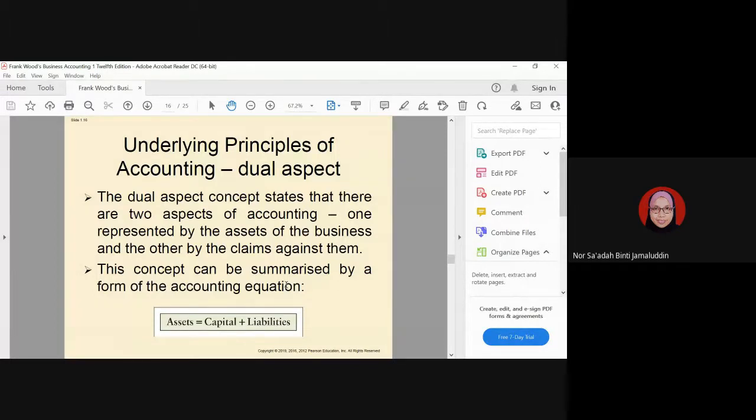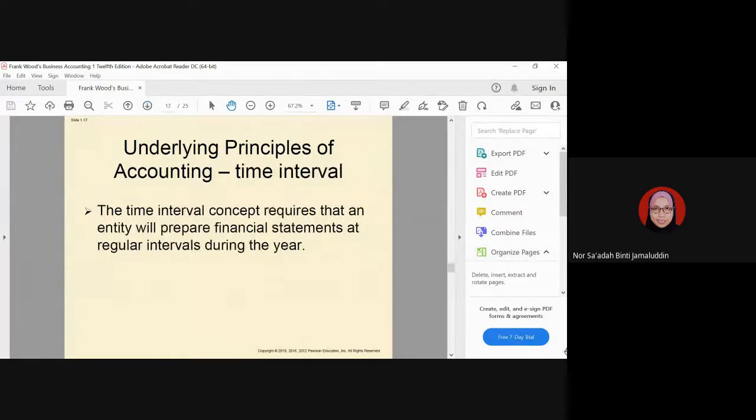This is the example of the accounting equation, persamaan perakaunan yang kita akan fokus in chapter 2, which is assets equal to capital plus liabilities. Okay, ini kena ingat, dia punya equation ni sangat penting till you do the financial statement.